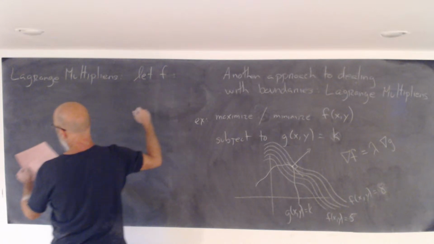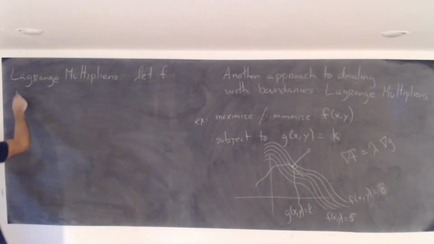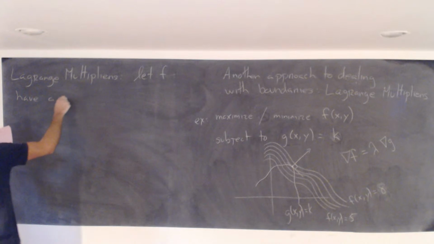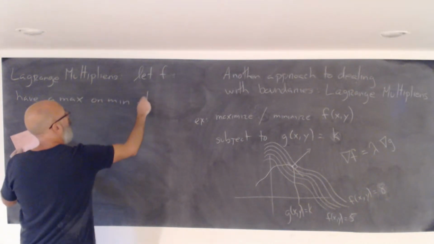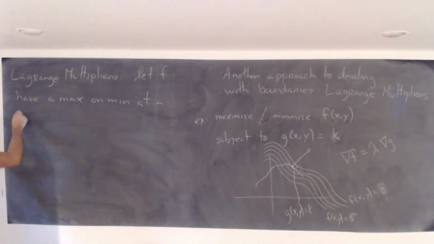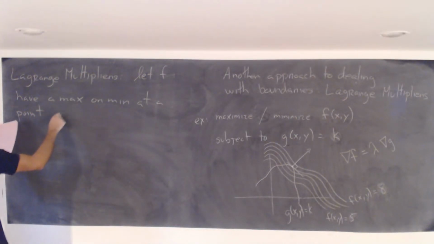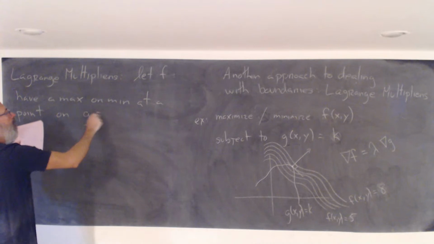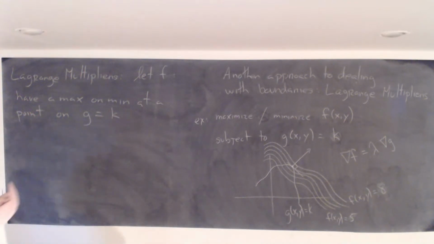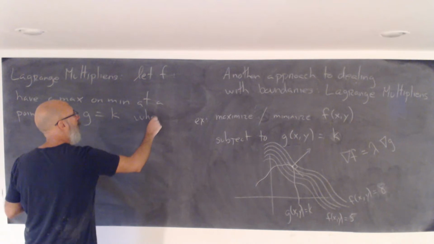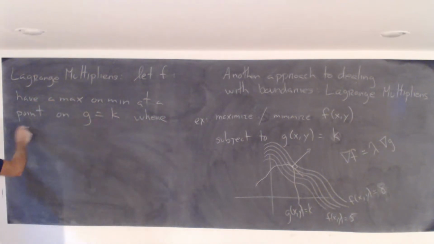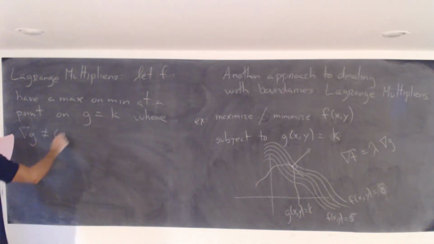Let some function f have a max or min at a point on some level curve or surface g equals k, where the gradient of g is not 0.